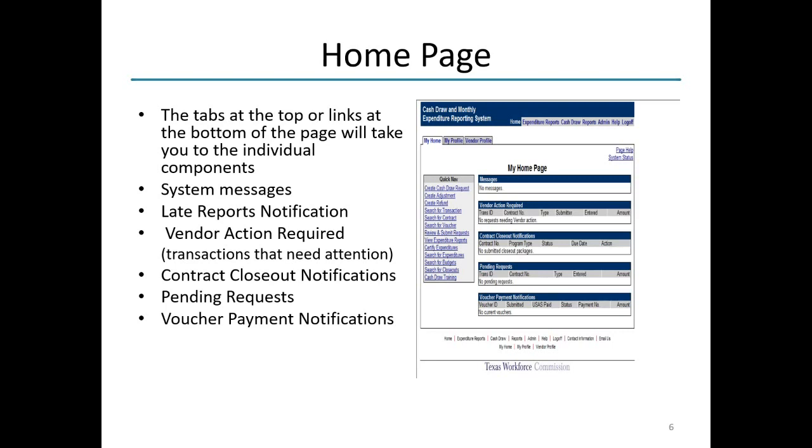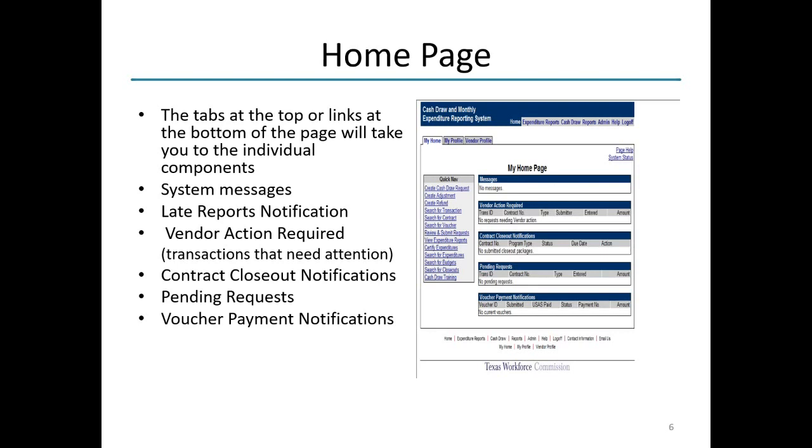Also included is a section where there are actions required by the vendor. So there may be a cash draw that's been submitted that still needs some attention to finalize a pending request and things of that nature.